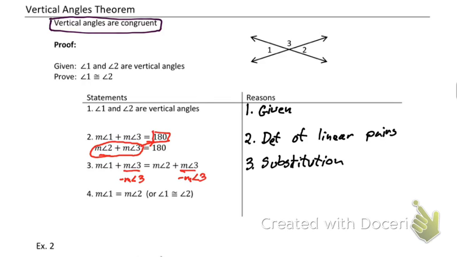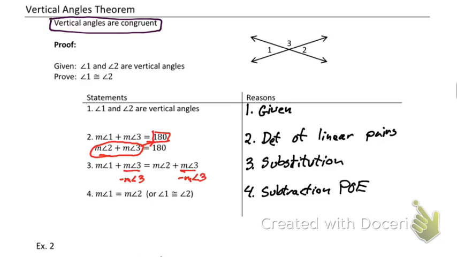If I'm subtracting something on both sides, we are using the subtraction property of equality. Now, the good thing about theorems is, as soon as we prove it, you can use it without proving it again. So we now can use our vertical angle theorem in other proofs.